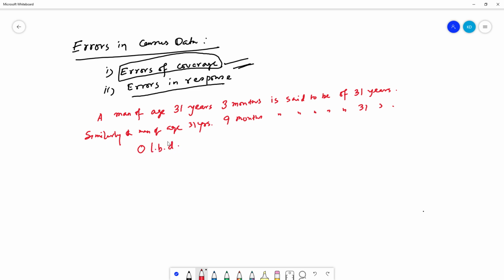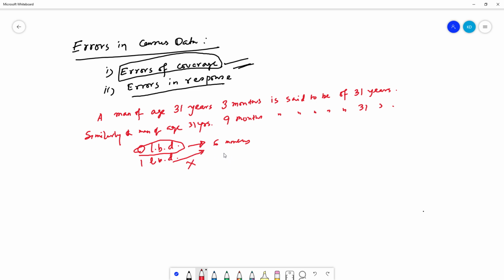As a result of this, many children of exact age below one get recorded as of age 1 LBD, that is last birthday, while really they are of age 0 LBD. That means, suppose a child of age 6 months, they consider 1 LBD, which is not correct. It should be 0 LBD.